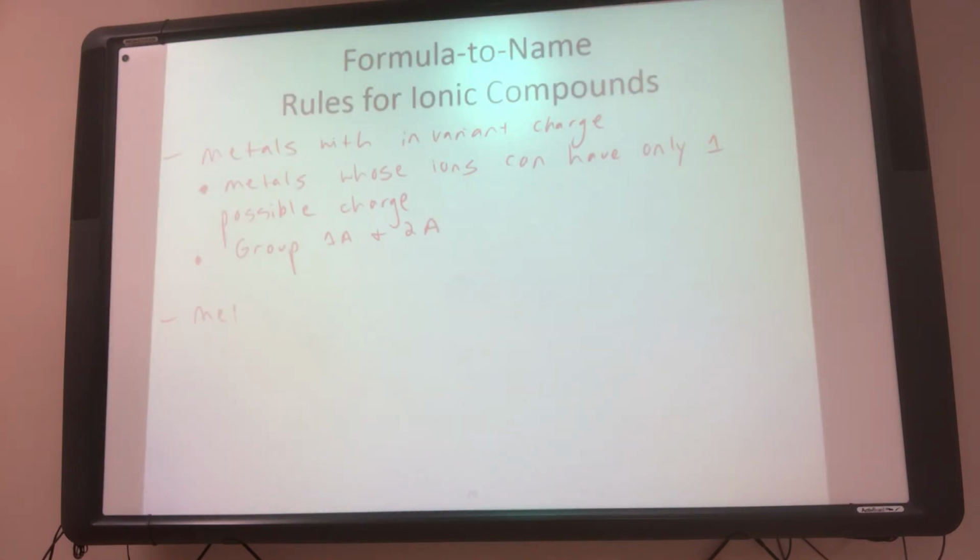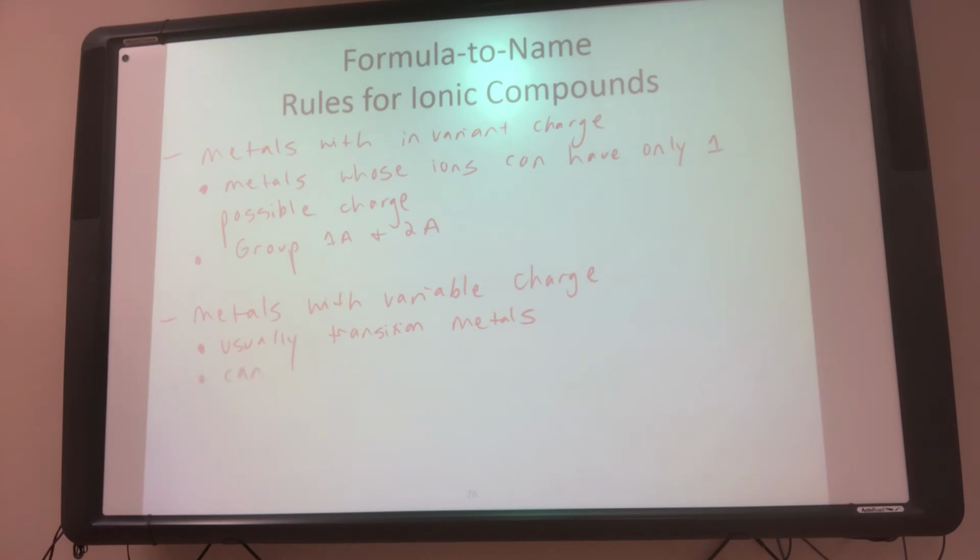For metals with variable charge, these are usually my transition metals. One of the reasons we want to think about that is because they can do those rearrangements. They could pull from the s orbital. You can also pull from the d orbital. And so that's why transition metals are able to have variable charge, because they have those d electrons and they can rearrange.